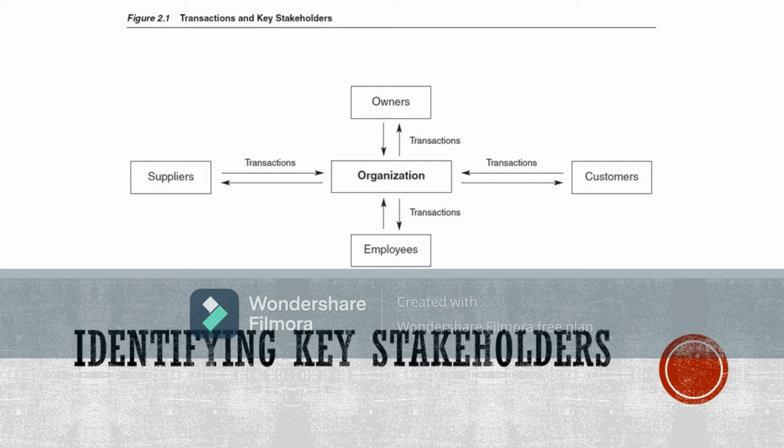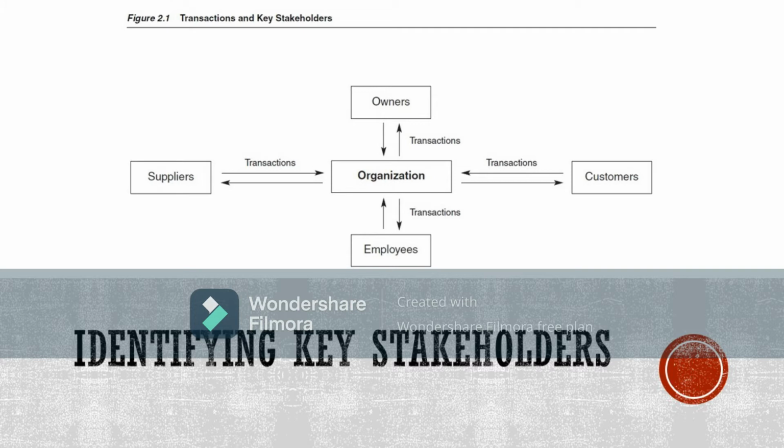Key stakeholders are important because they provide resources to an organization or business unit through the transactions that take place between them and the organizations. The importance of strategic factors lies in the fact that they underpin these transactions. Transactions and key stakeholders. The arrows in figure 2.1 represent transactions, exchanges of something for something else.